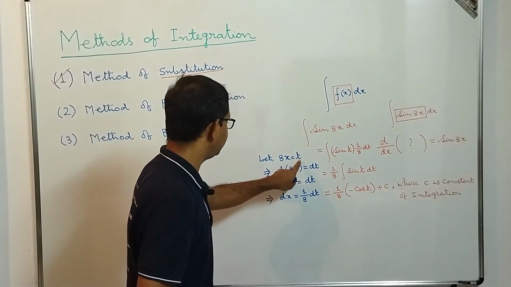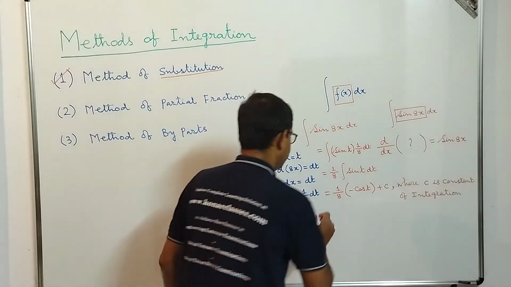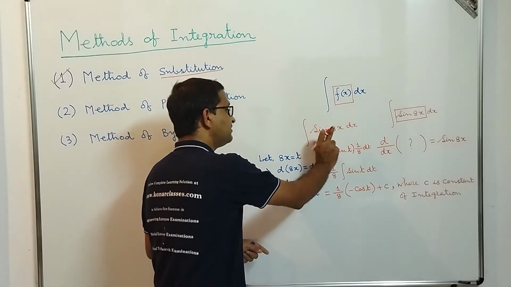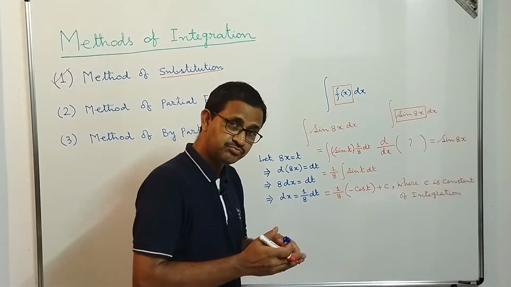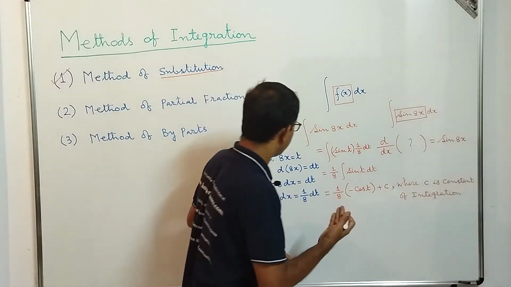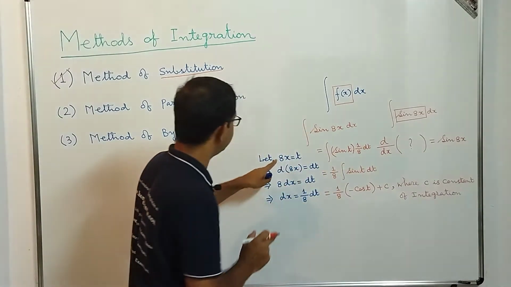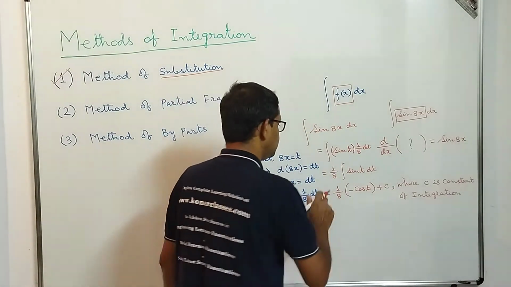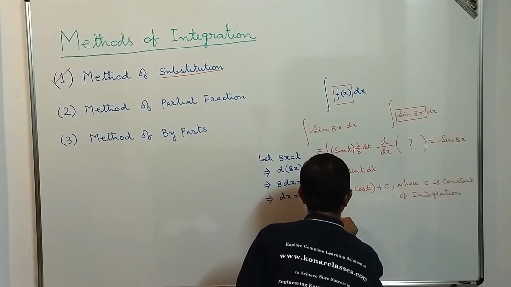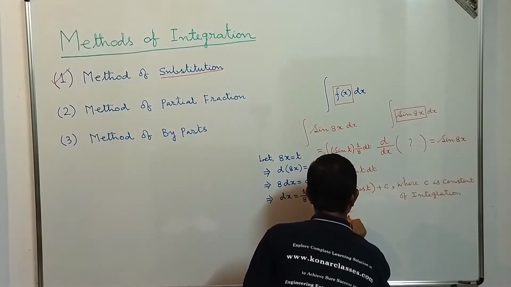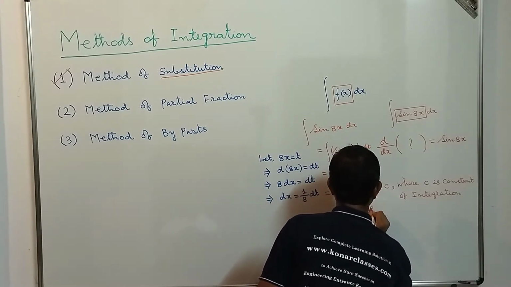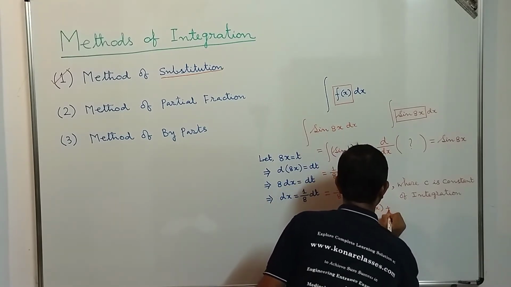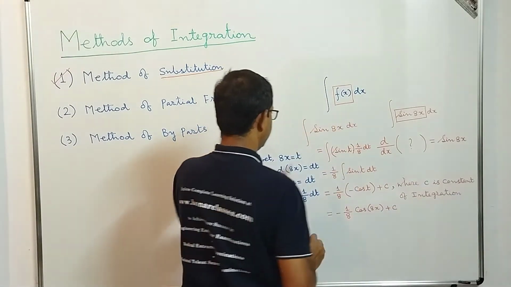What is the value of t? That is equal to 8x, because our question was in terms of x as a variable. For our benefit, we have substituted 8x equal to t. So you should replace back. So then what we get is minus 1 by 8 cos of 8x plus c, and that is the value of the required integration.